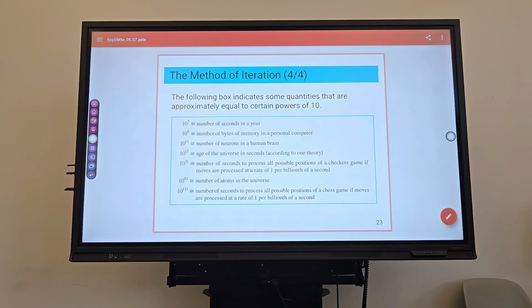The age of the universe in seconds, 10 to the 17th. The number of seconds to process all possible positions of a checkers game if moves are processed at a rate of 1 per billionth of a second, 10 to the 31st. 10 to the 81st, the number of atoms in the universe. And then 10 to the 111th, the number of seconds to process all possible positions of a chess game if moves are processed at a rate of 1 per billionth of a second.